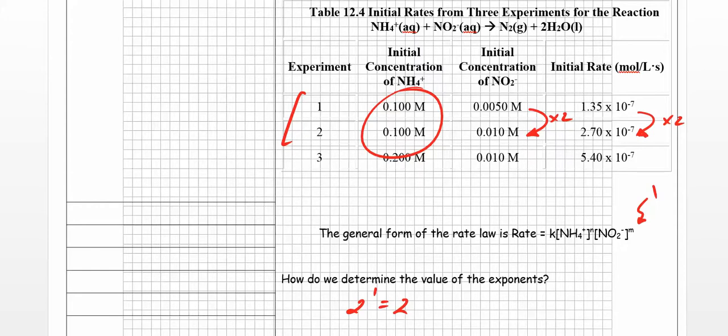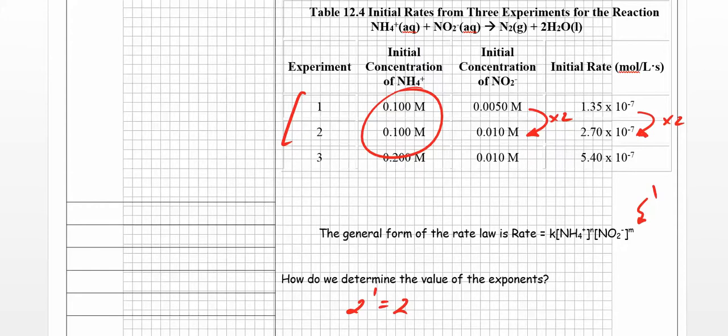So if the NH4 plus concentration is remaining constant, and of course k is a constant as well, that must mean that if we double the NO2 minus concentration, which we did, we took it from 0.0050 to 0.010, then the exponent which produces a doubling of rate must be 1, because 2 to the first power is equal to 2, and we've determined now the exponent for the NO2.